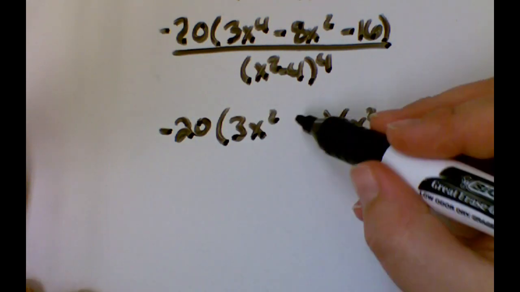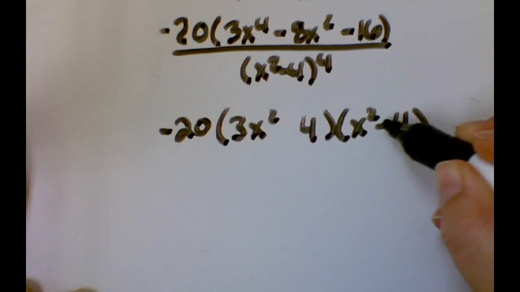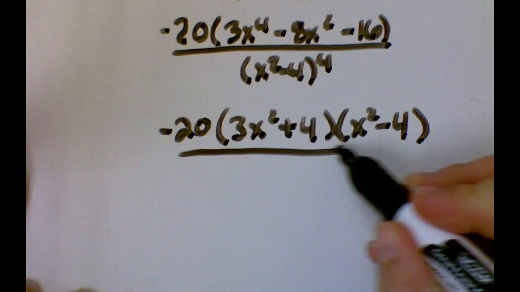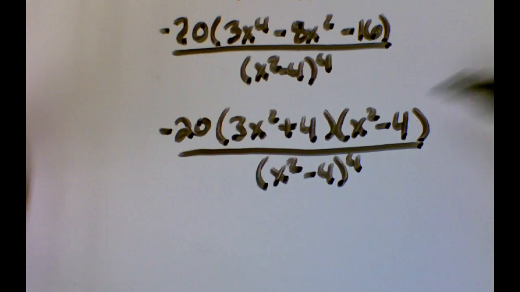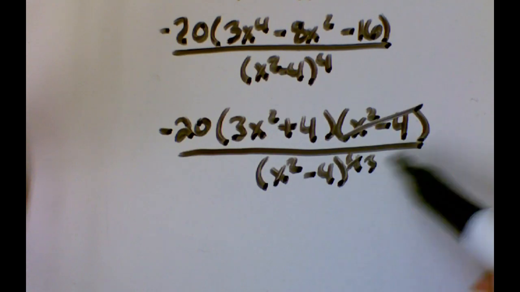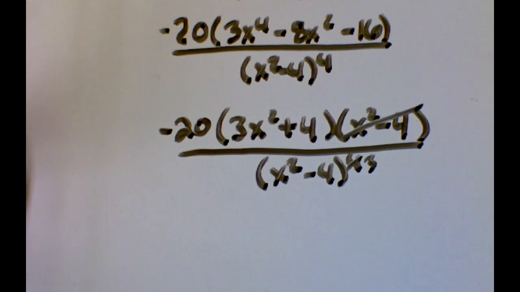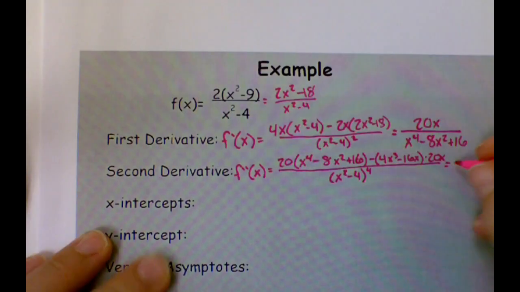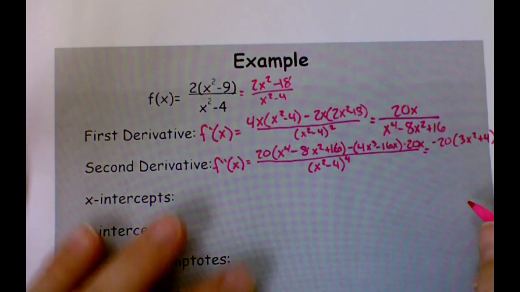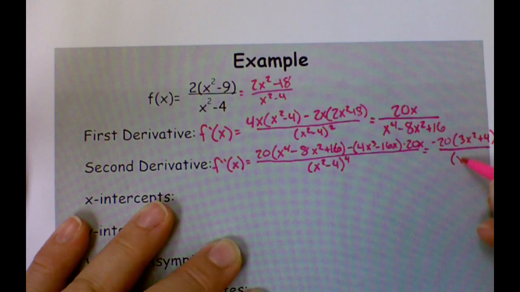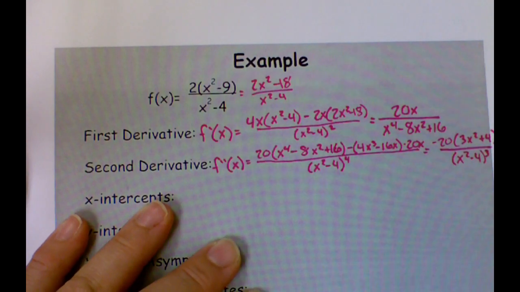To break apart 16, I'm going to go 4 and 4, so I can get minus 12 plus 4. And then I notice my x squared minus 4 cancels with one of those. So my second derivative is simplified down to negative 20 times 3x squared plus 4 over x squared minus 4 cubed.